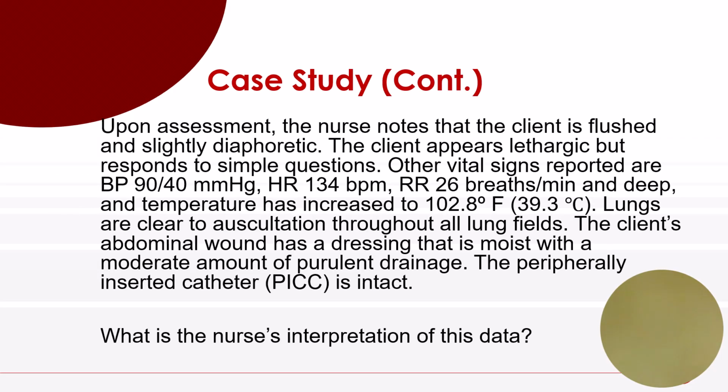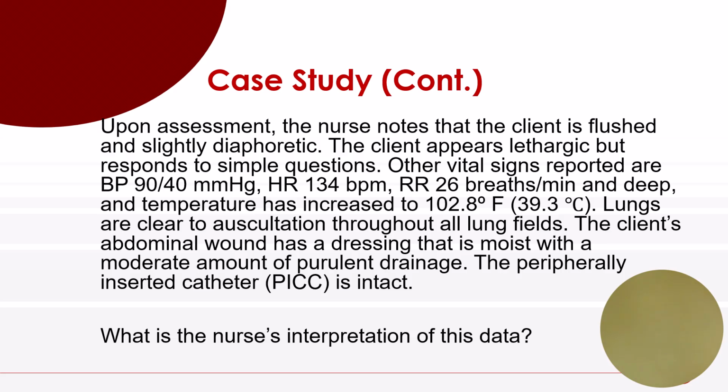Upon assessment, the nurse notes the client is flushed and slightly diaphoretic. The client appears lethargic but does respond to simple questions. Other vital signs include a blood pressure of 90/40, a heart rate of 134, respiratory rate of 26, and they're deep, and the temperature has now increased to 102.8.